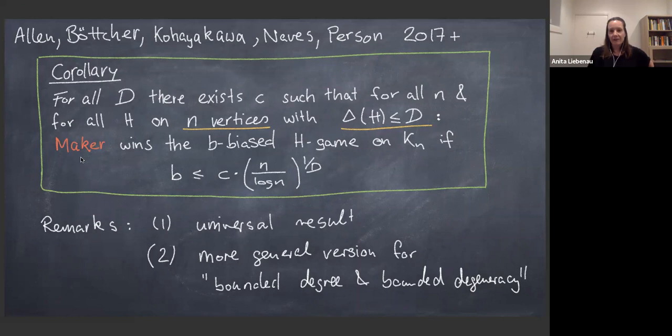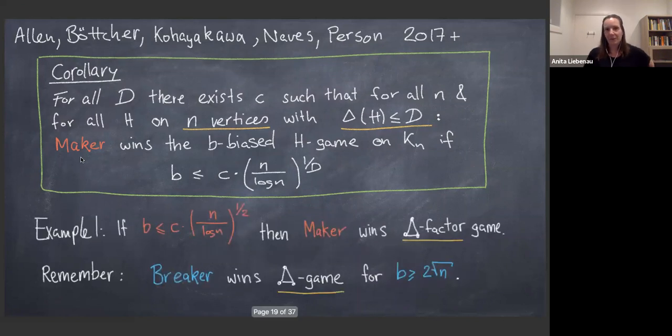Now let's look at two specific examples. One specific example, and now we are at our clique factor. If this d is 2, then the theorem says if my bias is at most (n over log n) to the power of 1/2, then Maker wins the triangle factor game. So if your bias is that small, Maker has a strategy that at the end her graph will contain a triangle factor.